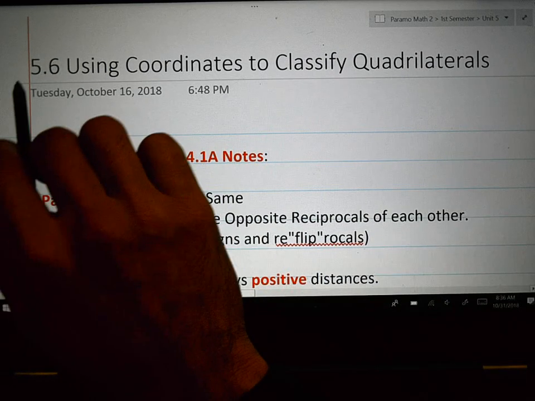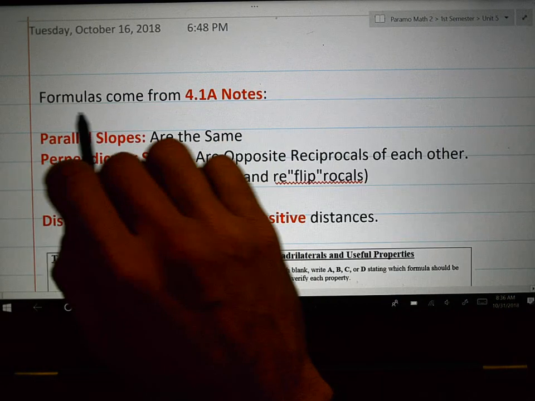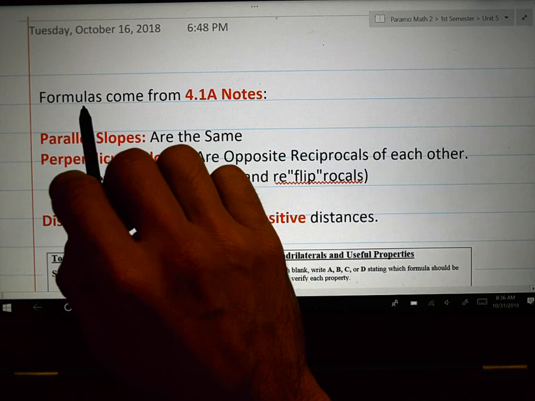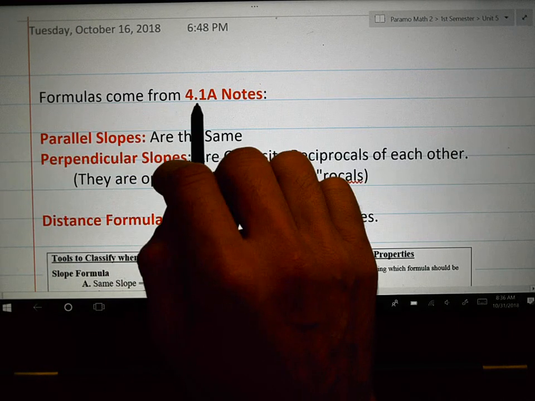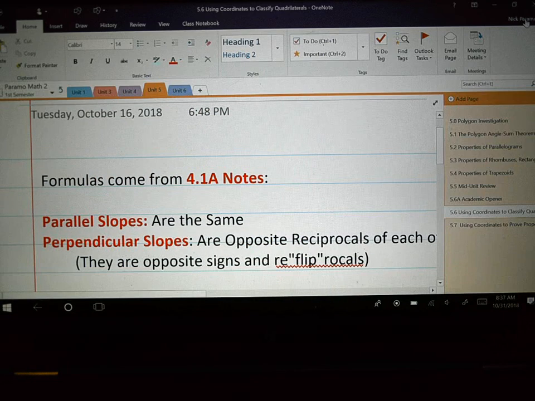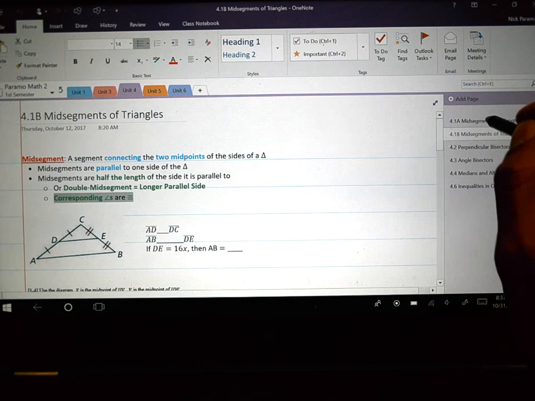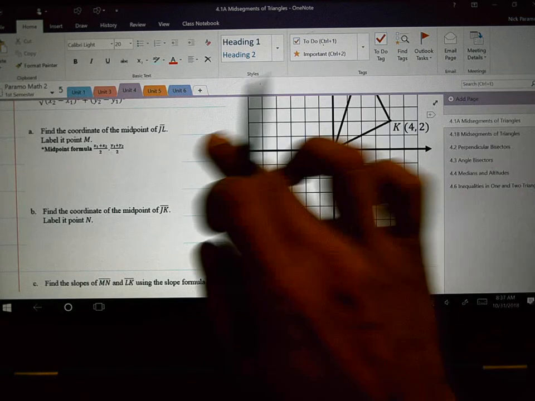For those of you who don't know, 5.6, we already covered 5.6a. The things that you need to know, first and foremost, are that the formulas we are going to use are in the 4.1a notes. So if you have forgotten what the 4.1a notes are, good thing I'm organized and I have the 4.1a notes right here.